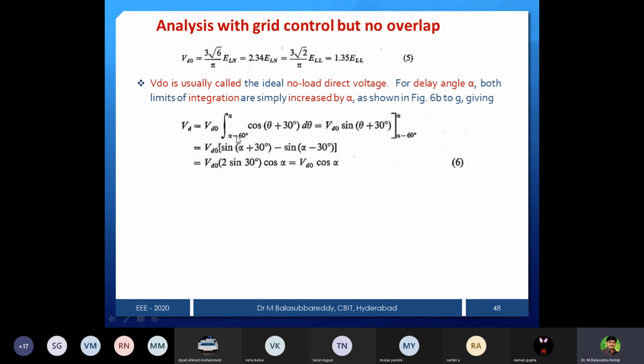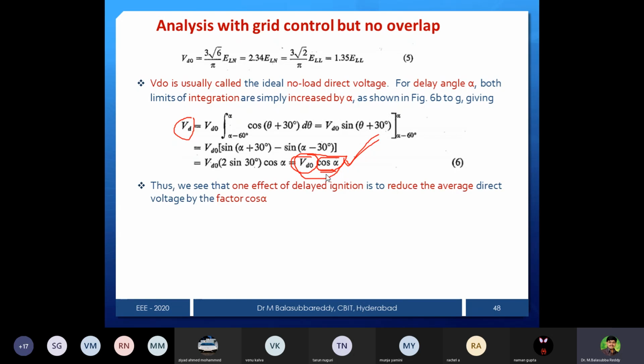Now we can see the limits are going to change. Finally Vout, or Vd, is equal to Vd naught into cos alpha. This is the factor that comes into the picture to control your output voltage by changing alpha. So Vd naught is the ideal case, and multiplying by cos alpha gives a variable output voltage by changing the alpha value.